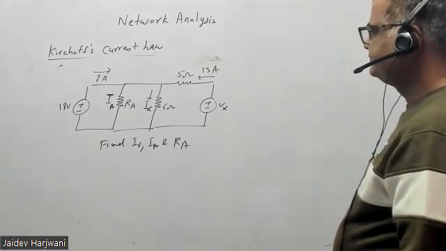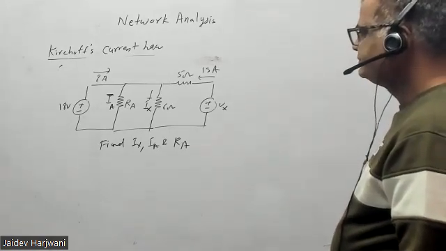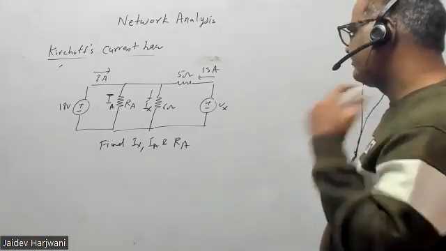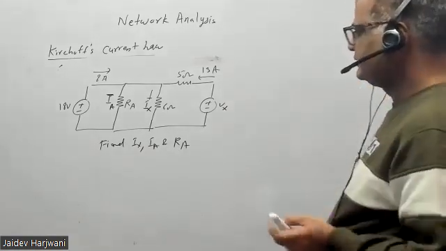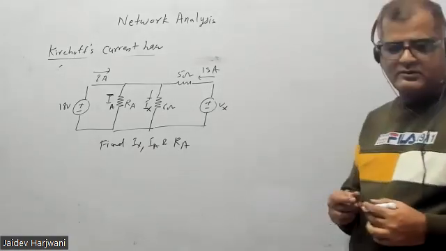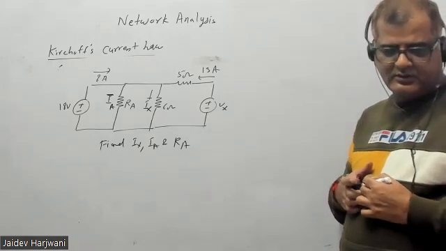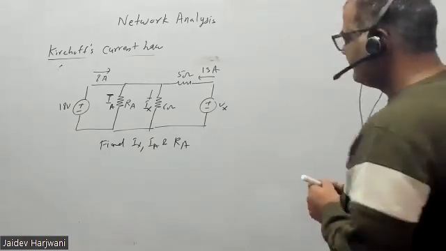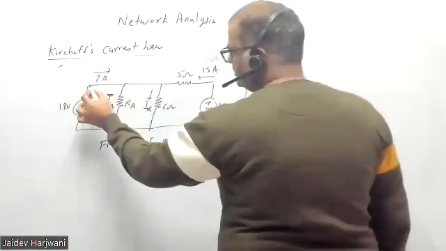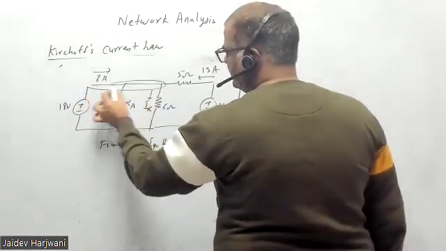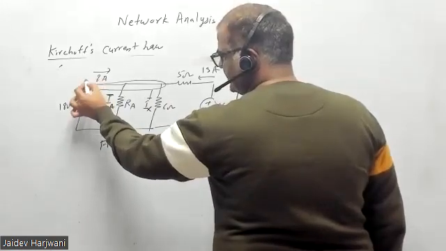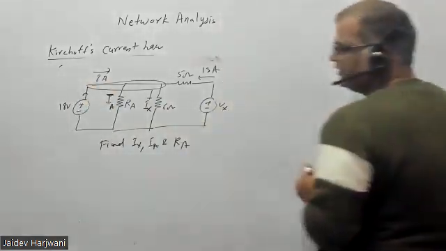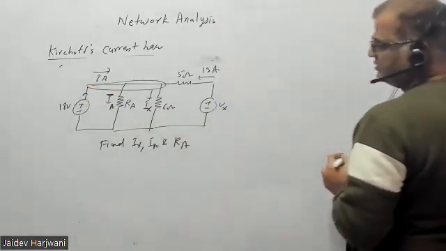So again, can you tell me what is the value of IX? What is the value of IX? So first of all, you see this is the node. We are coming here, and this current is coming from here. Okay, 8 ampere, so incoming current.